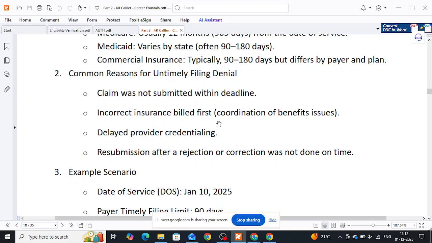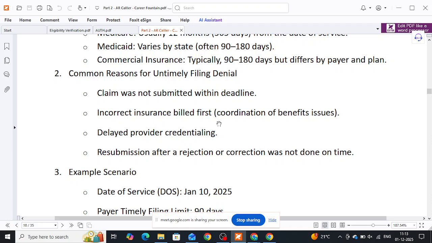Delayed provider credentialing is also one reason. Every provider has to do credentialing with the insurance company, meaning they have to update their information at every insurance company, right? If they started providing service but have not completed the credentialing part with that insurance, and it is time consuming.